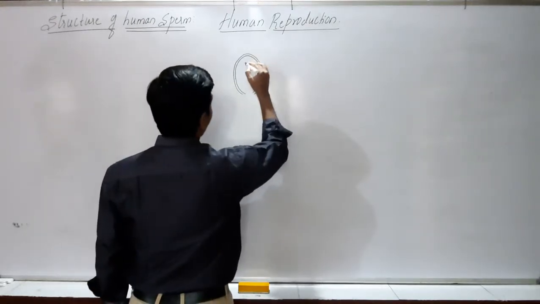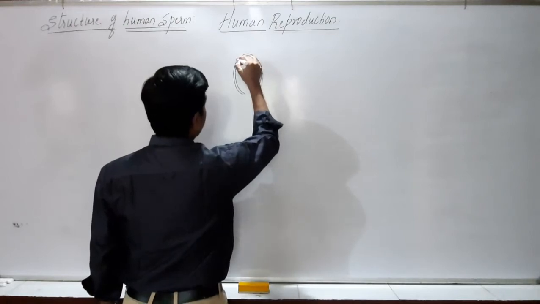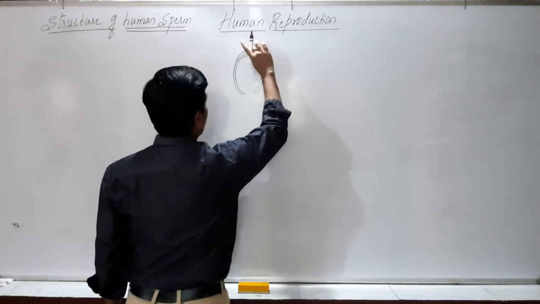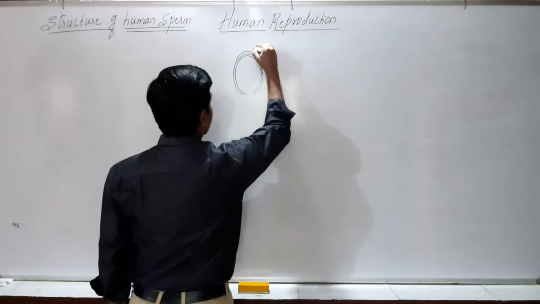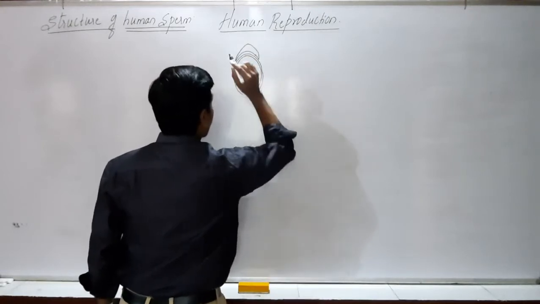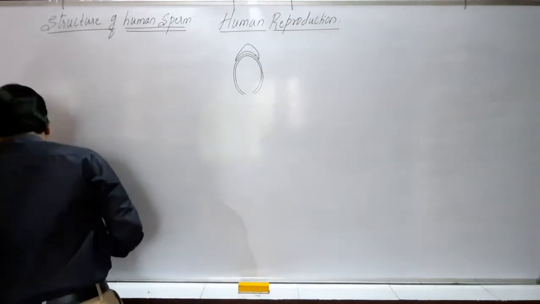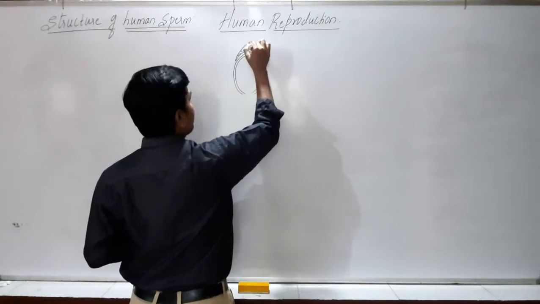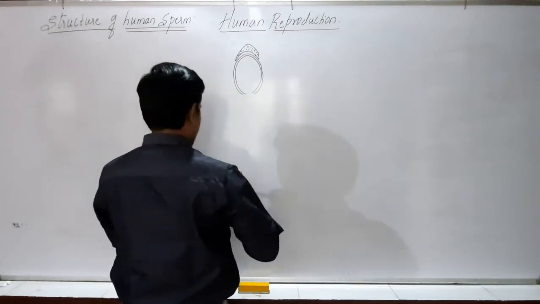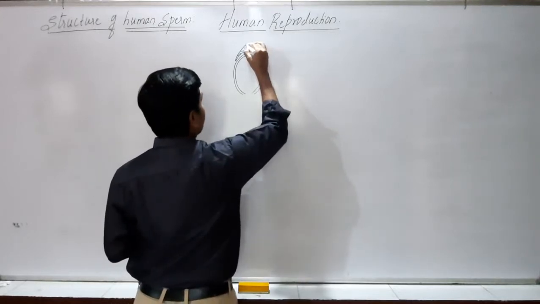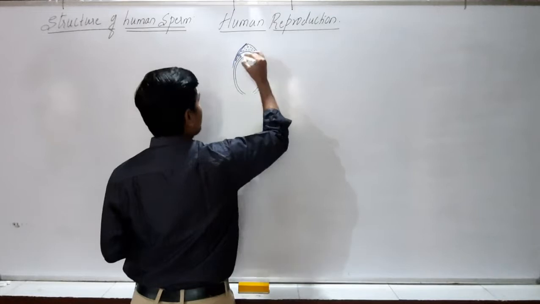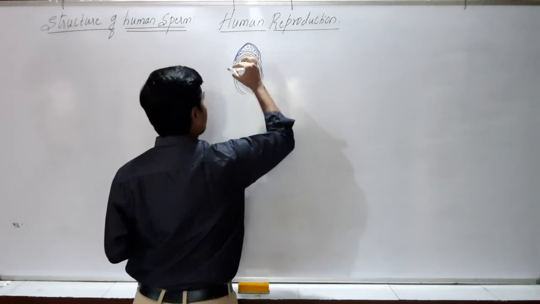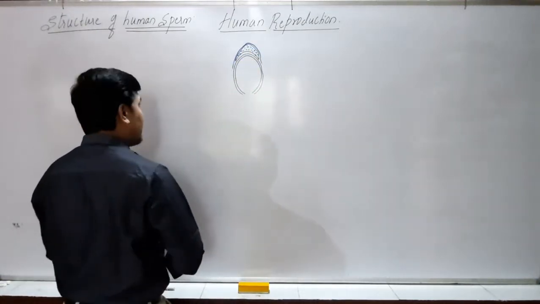Now this head consists of a structure called the acrosome, which is present at its tip. This is the acrosome, and we can identify it as it is present at the tip of the sperm. Below this, it consists of certain layers also.